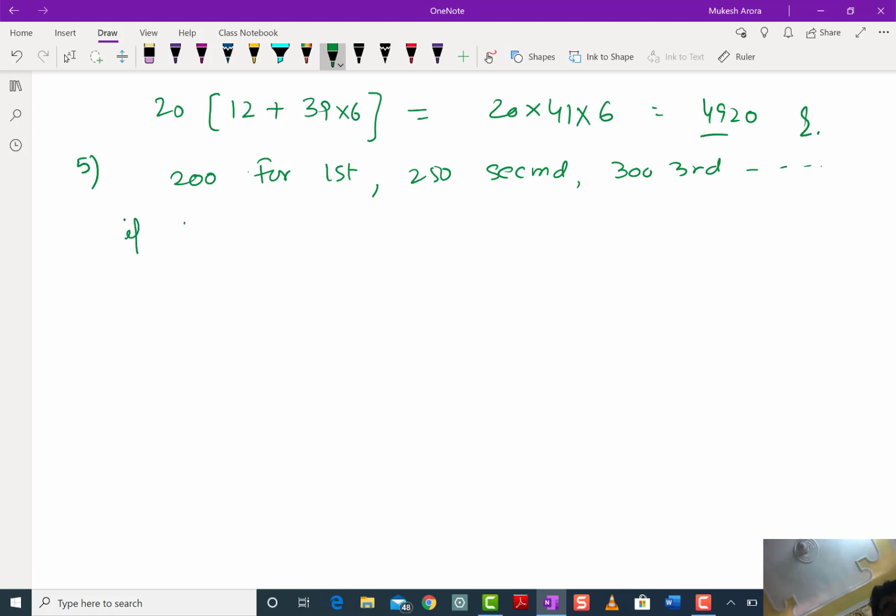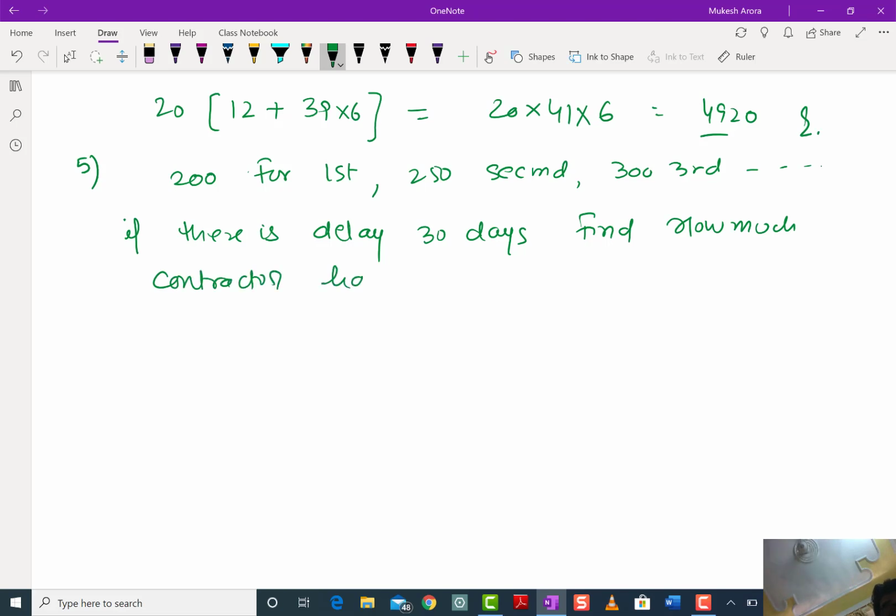If there is a delay of 30 days, find how much the contractor has to pay as fine.